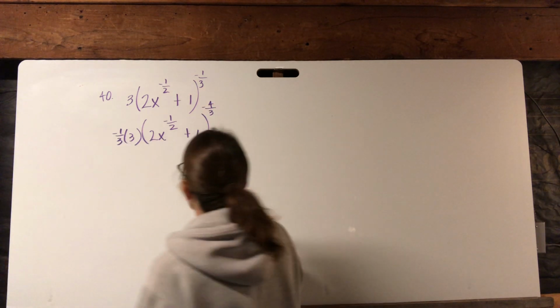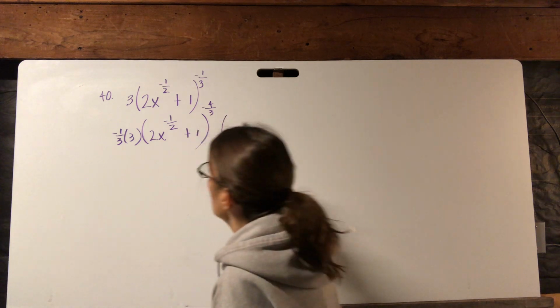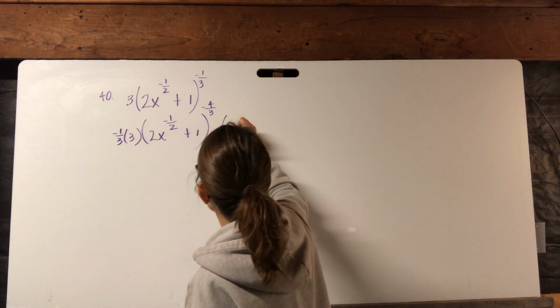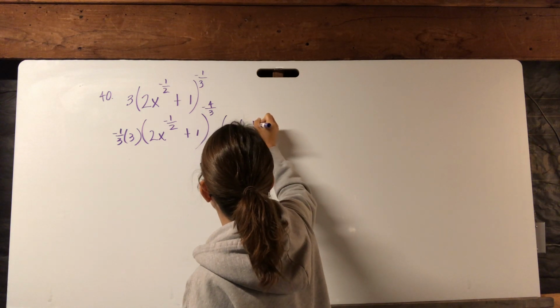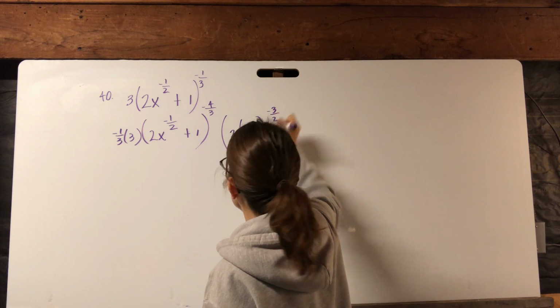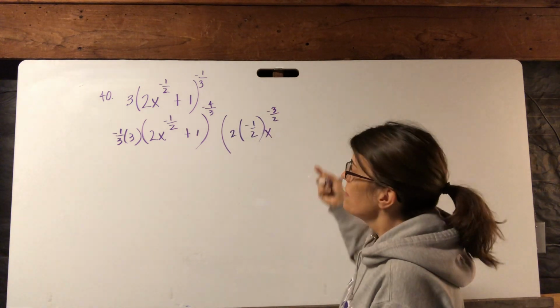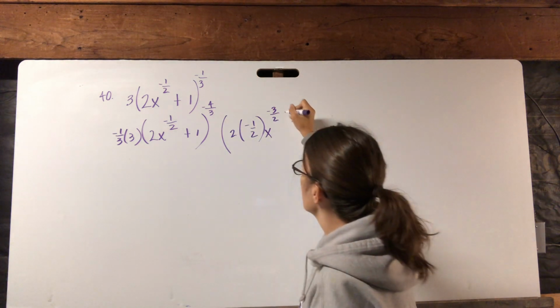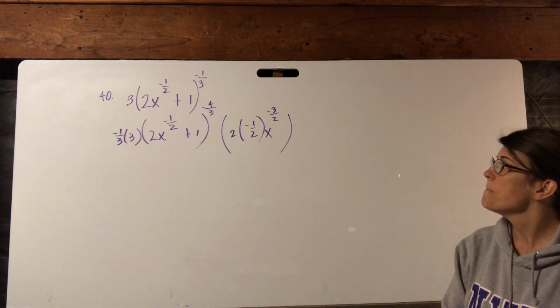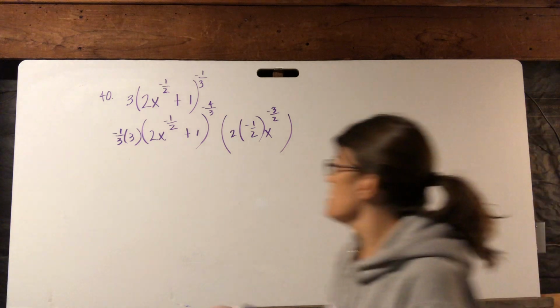Now take the derivative of what's inside. So 2x to the -1/2 becomes 2 times -1/2 x to the -3/2, plus 1, the derivative of 1 is 0.